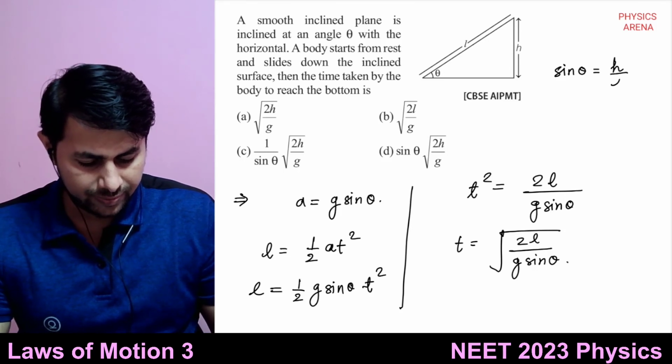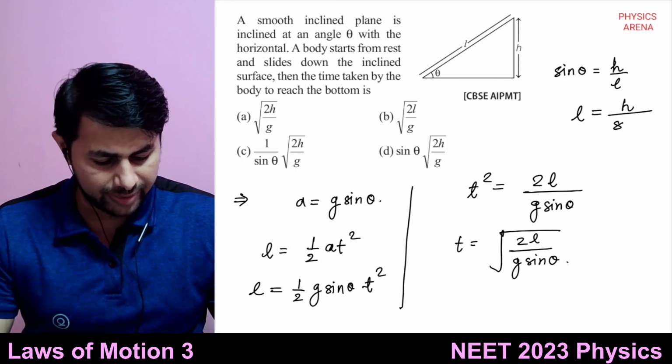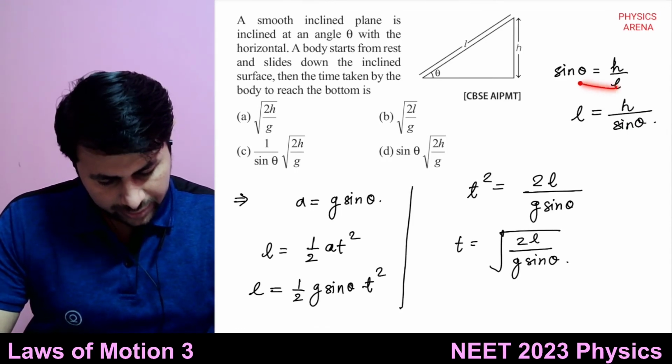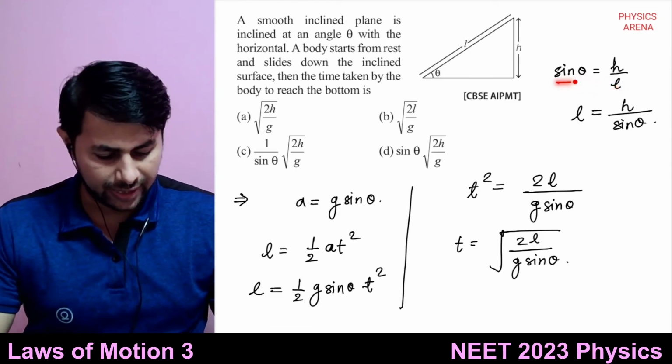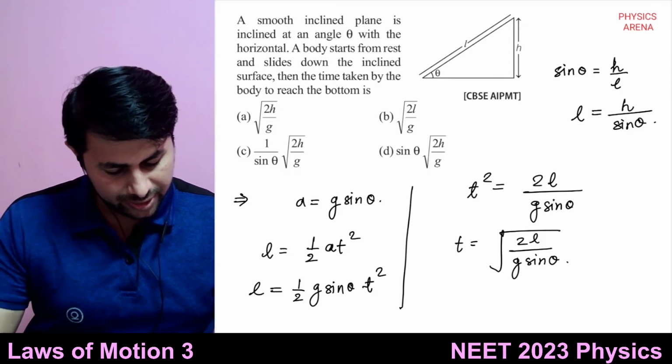H upon L, and therefore L is equal to H divided by sine theta. Take this L on the left hand side, sine theta on the right hand side. So L is equal to H divided by sine theta. Substitute that.